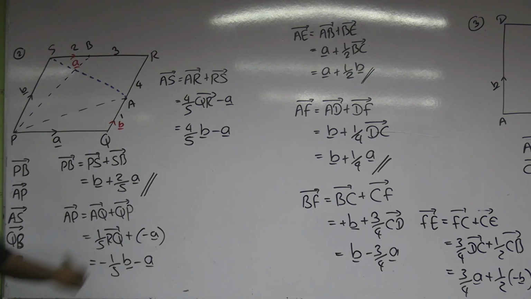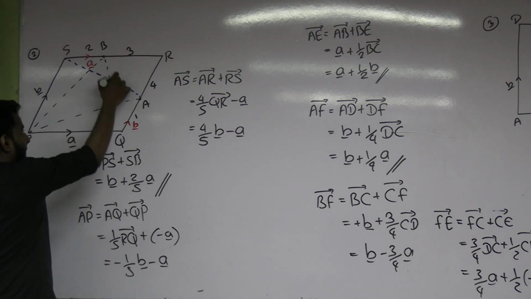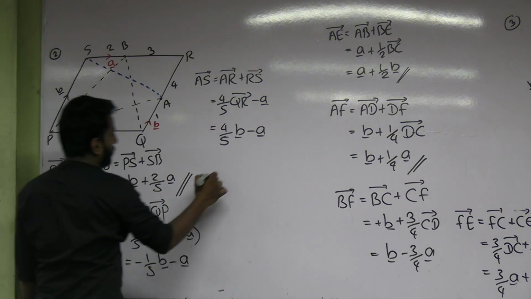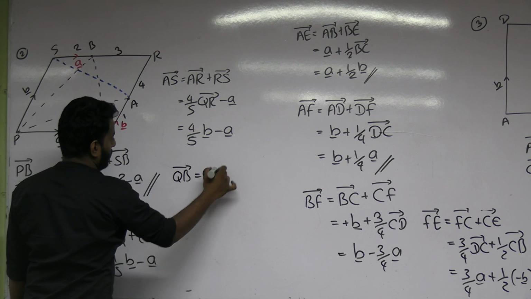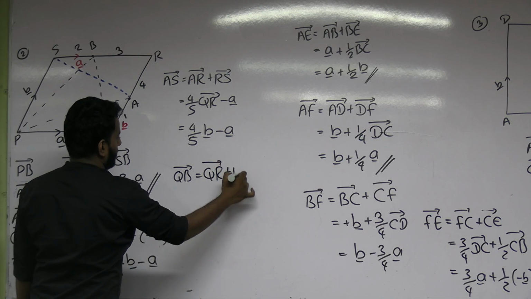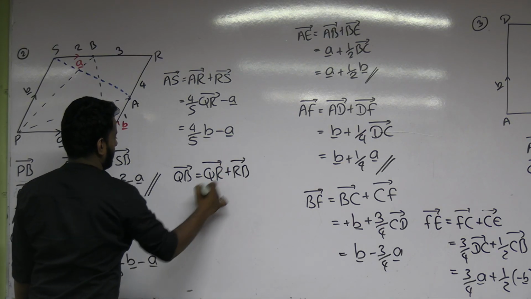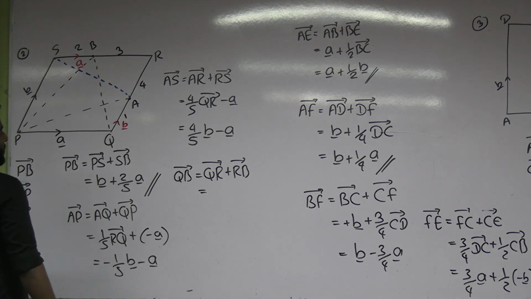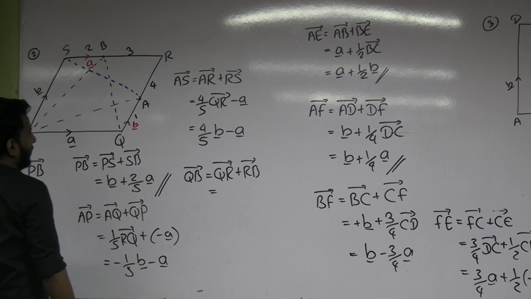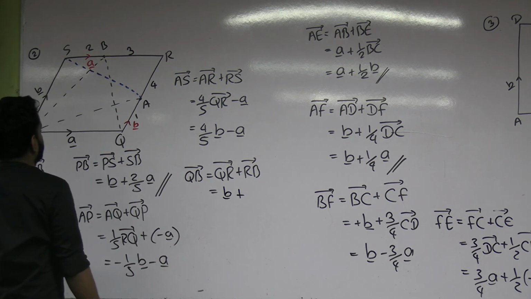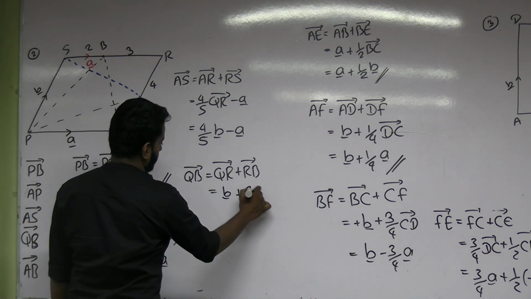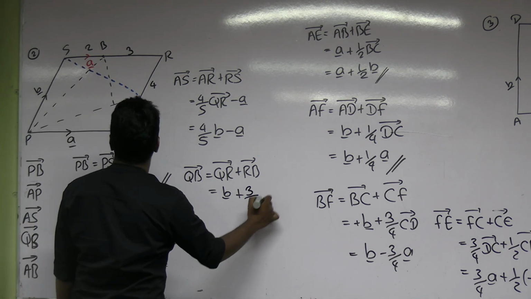Next, the vector QB. So QB equals QR plus RB. QR is simply B and RB is, rather, 3 over 5 RS.